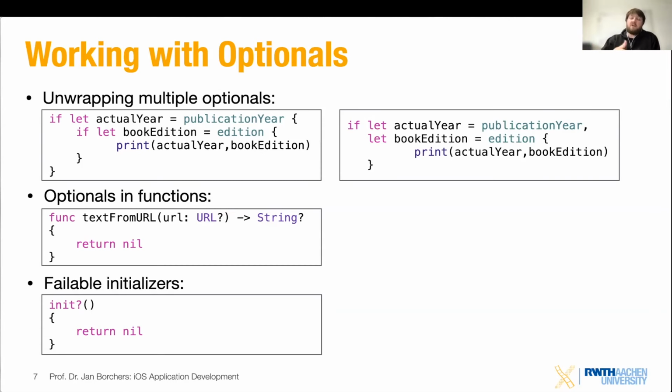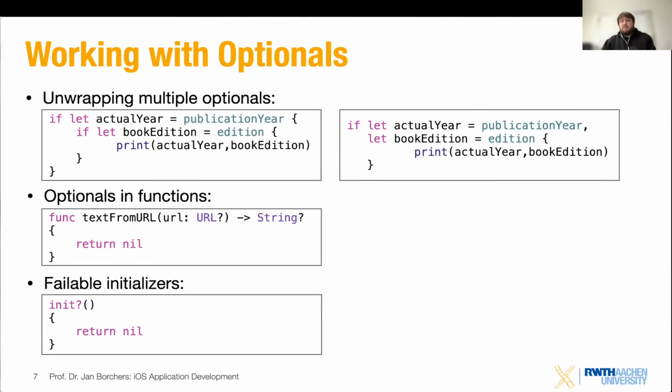But if you use it outside of an if let construct, if you would just write let actualYear = publicationYear, that would make actualYear also an Int optional. So that will take the type into account as well. It would carry over to actualYear. It wouldn't directly unpack it. But with the if let construct, it will try to unwrap it and only continue if that was possible.